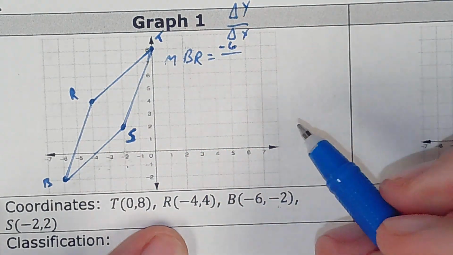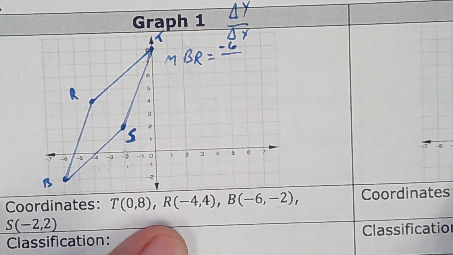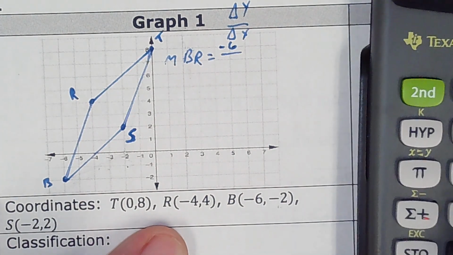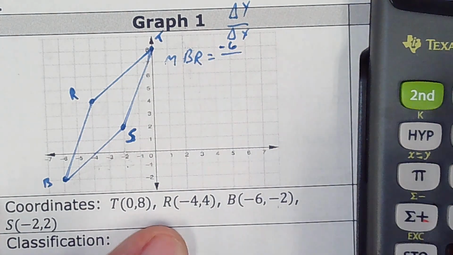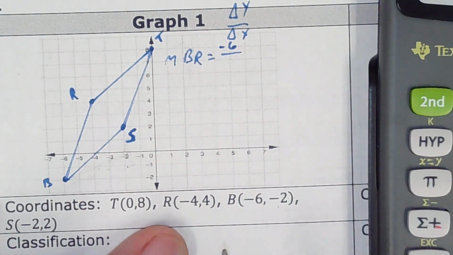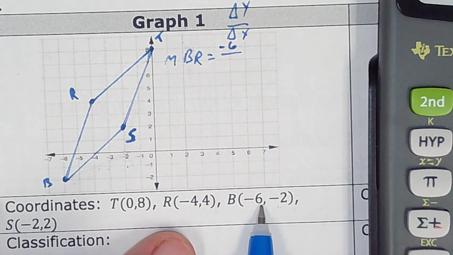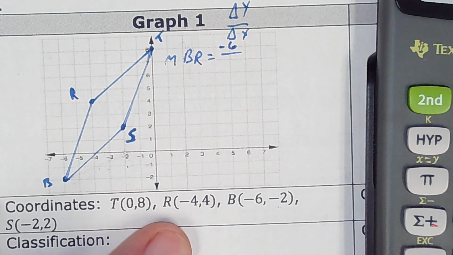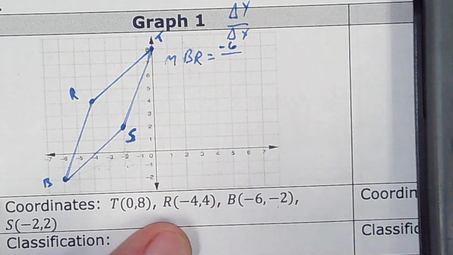And my change in x is going to be -6 minus -4, which equals -2.